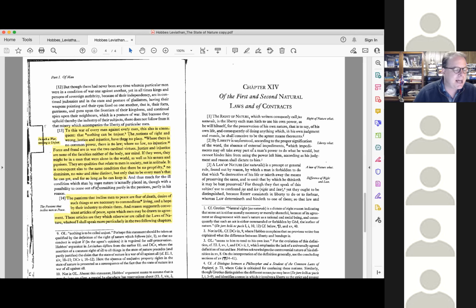What is going to incline men, human beings, he means, to be peaceful with one another? What is the passion that the Leviathan and Hobbes are going to appeal to and exploit to create the conditions of peace? Justice. Oh, come on.